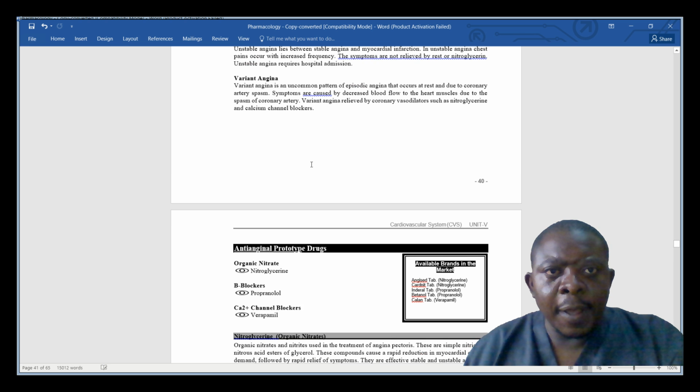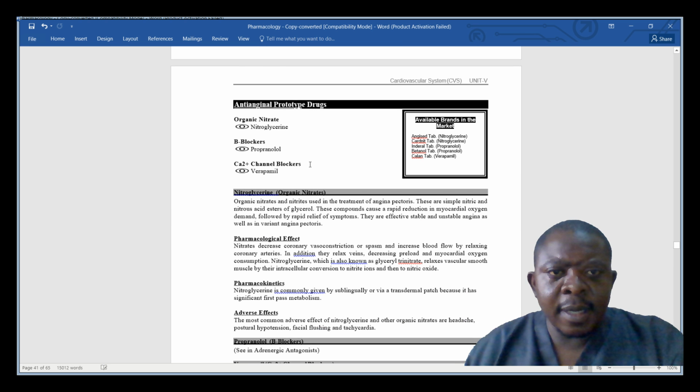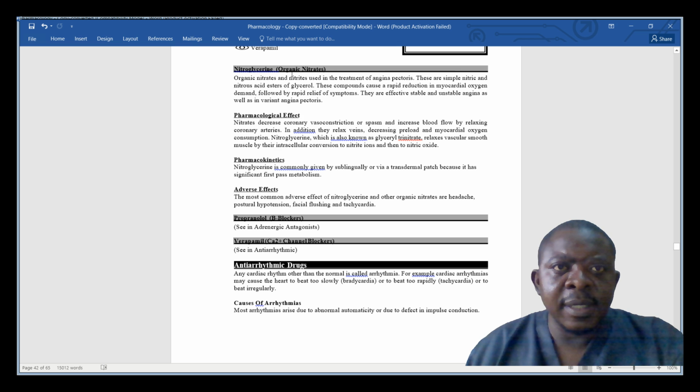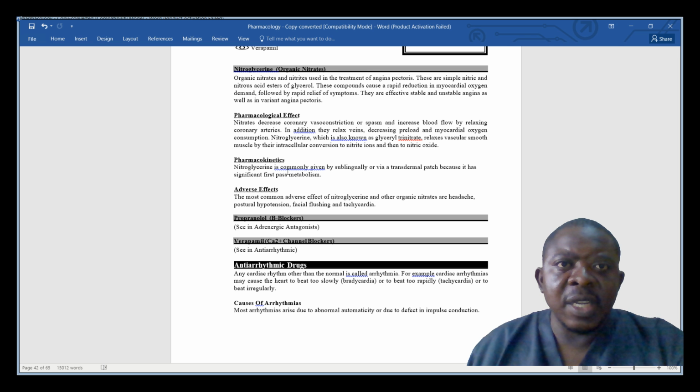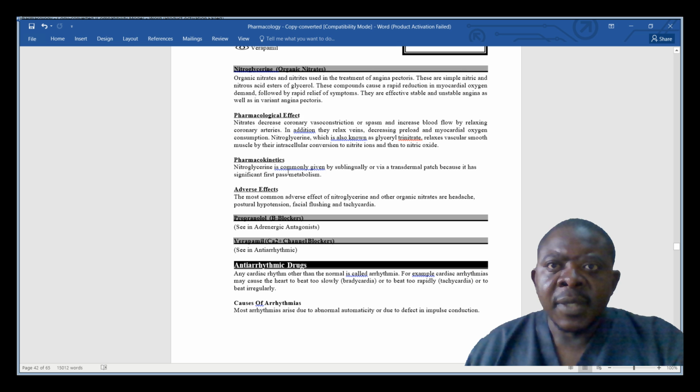Okay, so now let us look in detail at an organic nitrate, which is nitroglycerin. Organic nitrates and nitrites used in the treatment of angina pectoris include nitroglycerin. These are simple nitric and nitrous acid esters of glycerol.